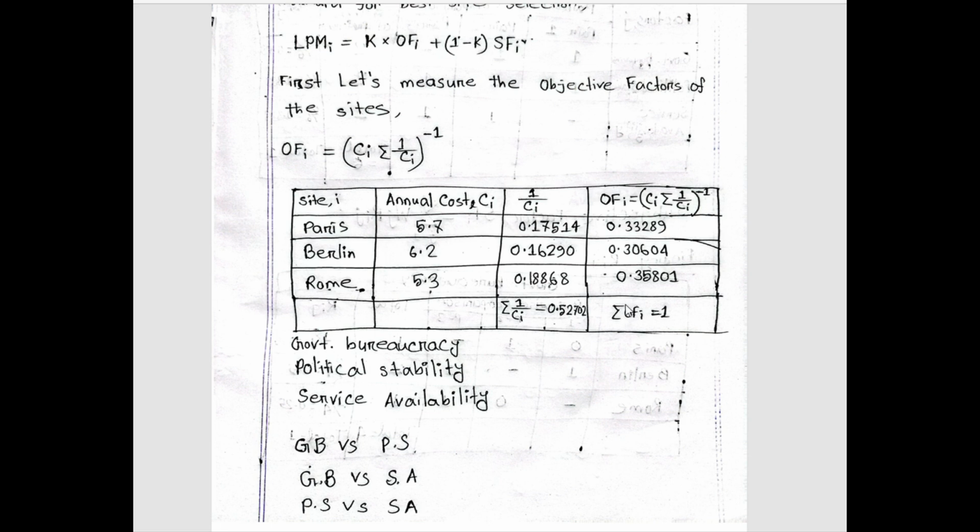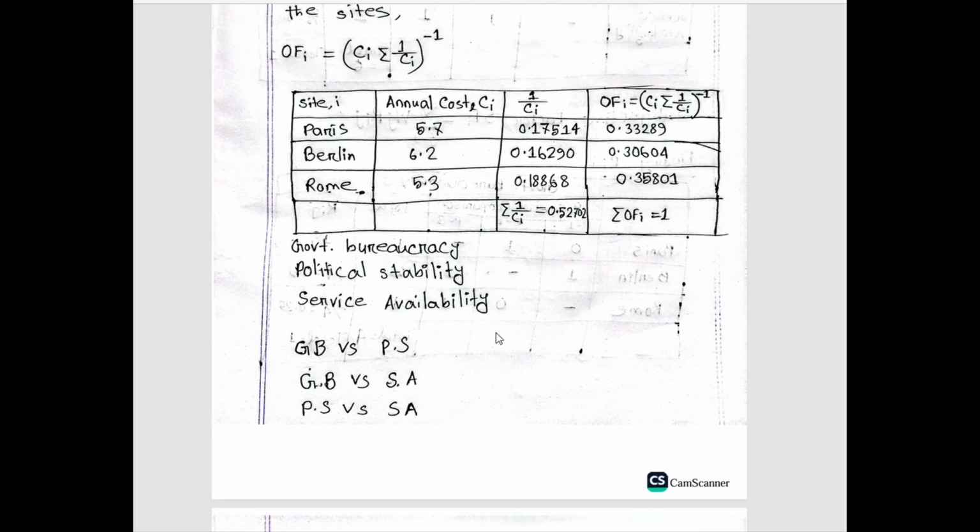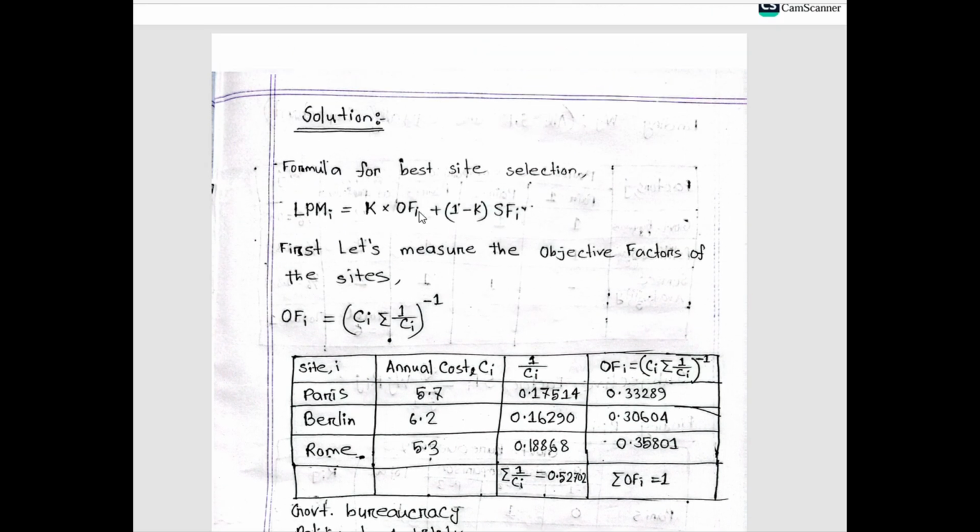You can include this or not, it is your decision. Now what is the cross check? The summation of all the objective factors would be 1. If it is not 1, then we have made a mistake. We have to recheck the formula and recheck the values. Now we have calculated the objective factor.